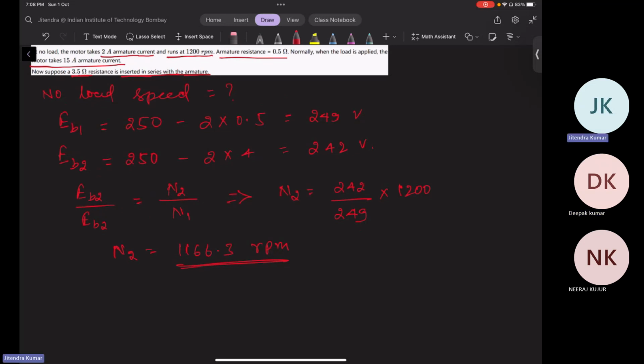It is said that when the load is applied, the motor will take 15 ampere of armature current. So no load current was 2 ampere, but full load current is 15 ampere. So current has changed, but we still want the speed. Let me write it: the speed at full load.